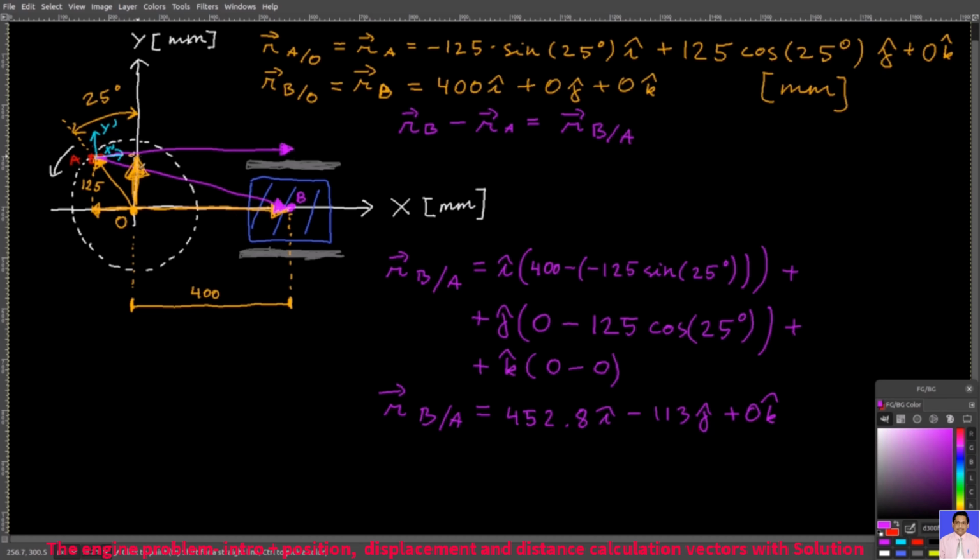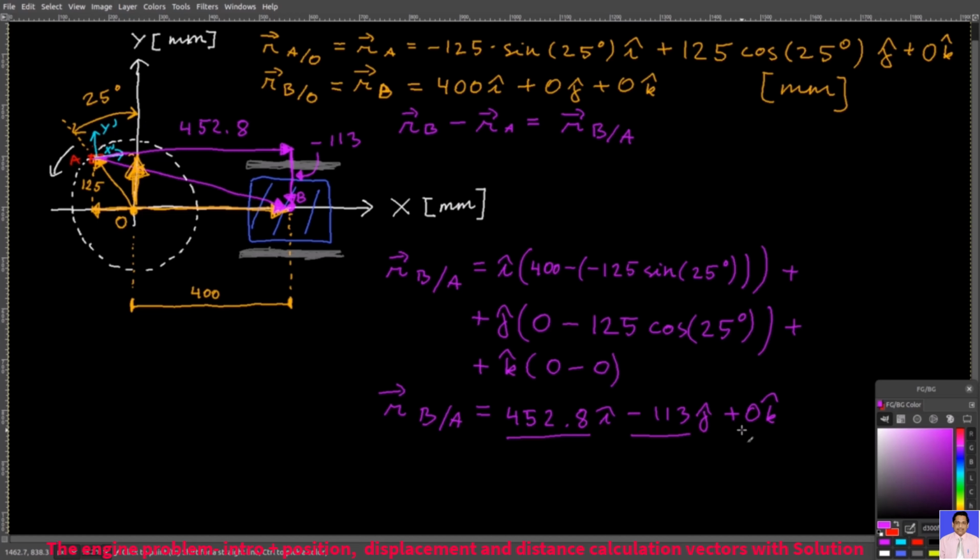And so this component from the origin of this new coordinate frame is 452.8 millimeters. And then this component here that points down is minus 113 millimeters. It points in the negative y apostrophe direction.